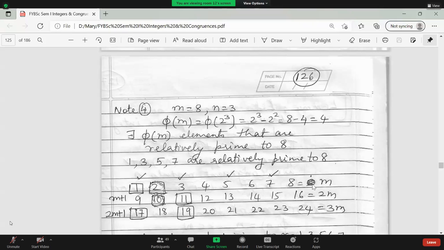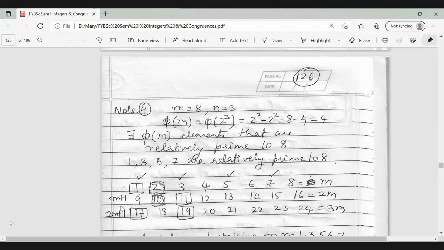See this is M. Okay, this is M plus 1. वैसे हमको मिलता है MQ plus R. Then this is 2M. See, what will be the next number here? 2M plus 1. ठीक है, ये 2M है, ये 2M plus 1 है. So ऐसे प्रूफ लिखेंगे बाद में.